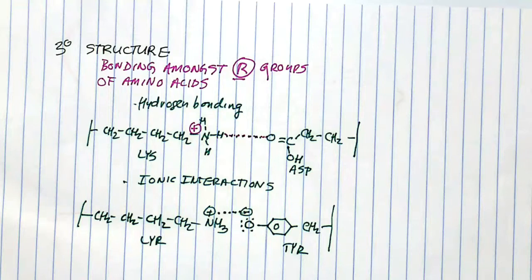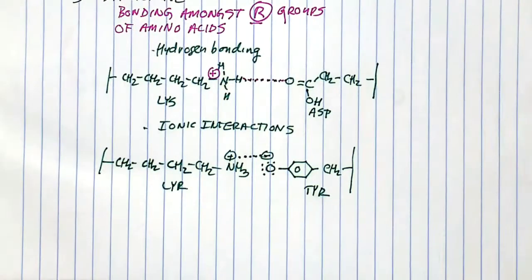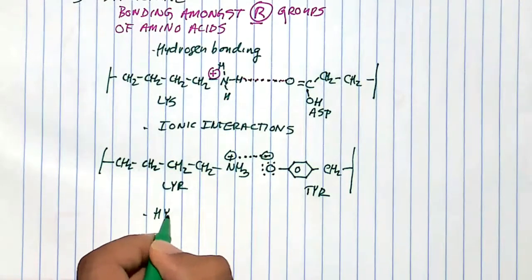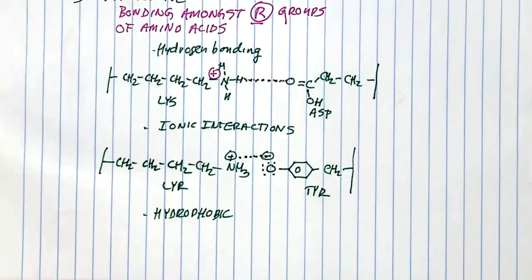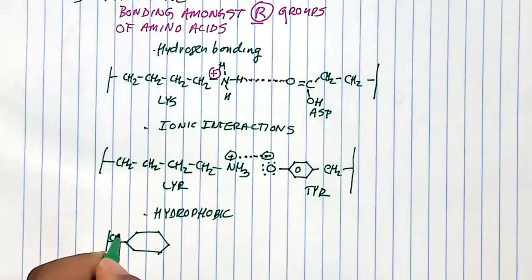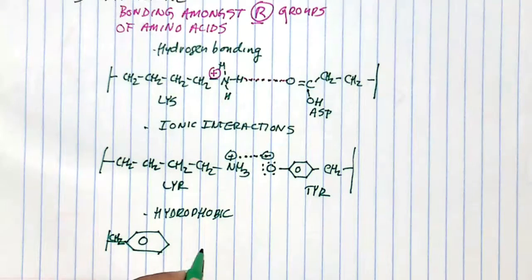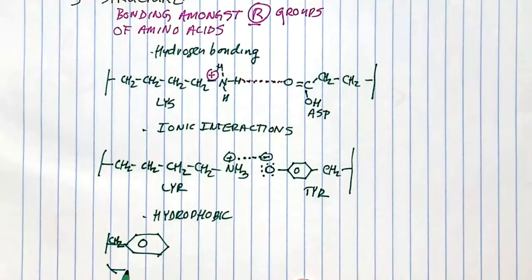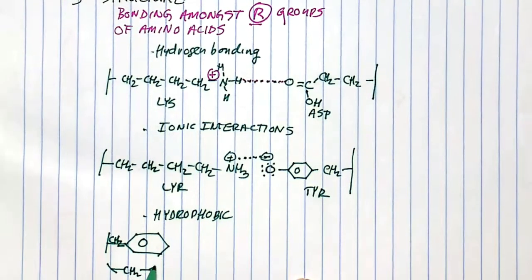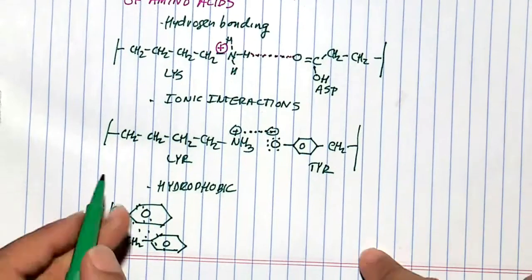Another one would be hydrophobic interactions. Maybe phenylalanine. There's a CH2 here. It can interact through stacking with another phenylalanine someplace else in the protein's primary amino acid sequence. So we have these benzene rings stacking amongst one another.